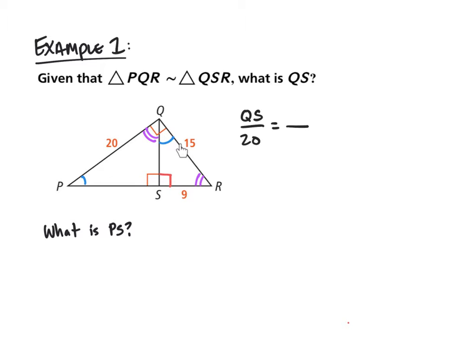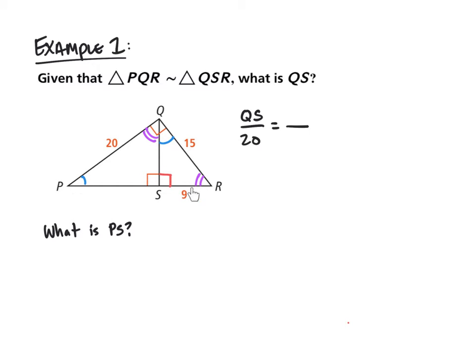Again, that is from this smaller triangle. I know two other sides of that smaller triangle: I know the hypotenuse, and I know this side, which is across from the blue angle. But which one do I want to use? If I were to put the hypotenuse up here, the 15, then the bottom number here would have to be the hypotenuse on the big triangle, and I don't know that length, right?